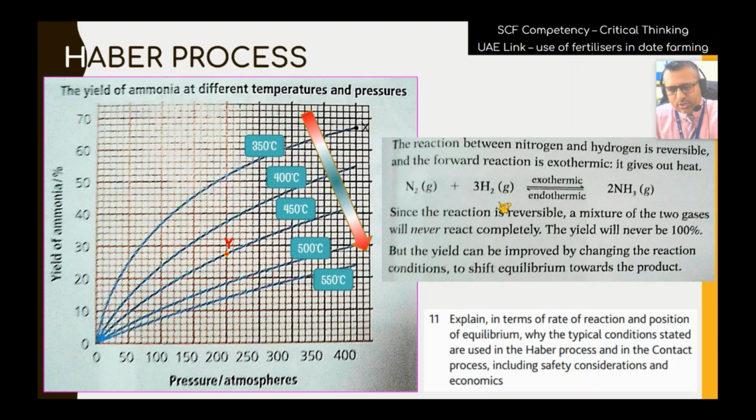So if you have more nitrogen present, more hydrogen present, your forward reaction rate goes up. It goes higher than your reverse reaction rate.